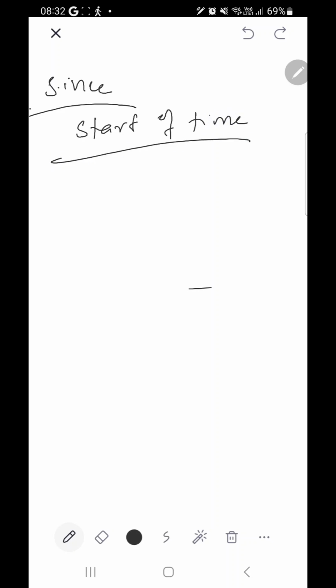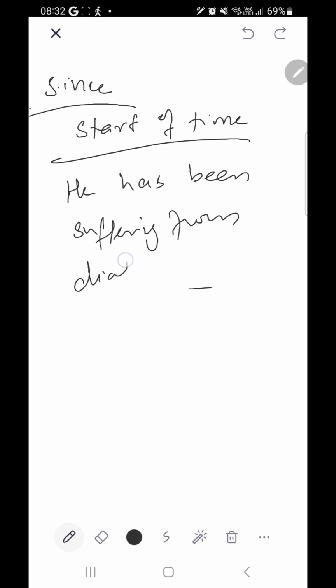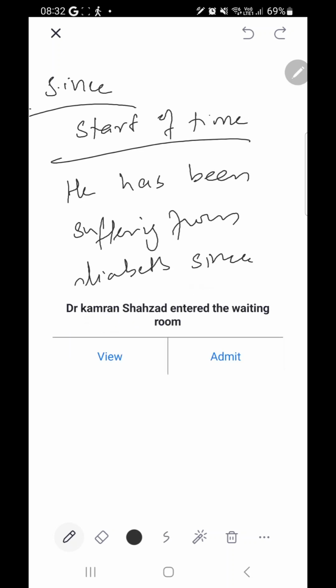When we know the start of time, let's say he has been suffering from diabetes since 2001. Let's say, you can also write it down.